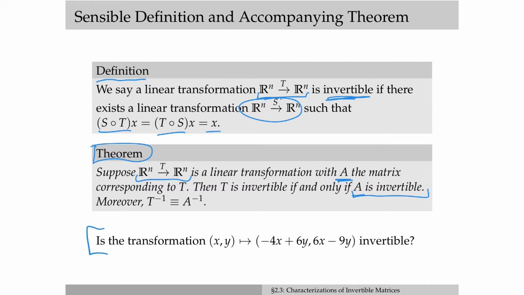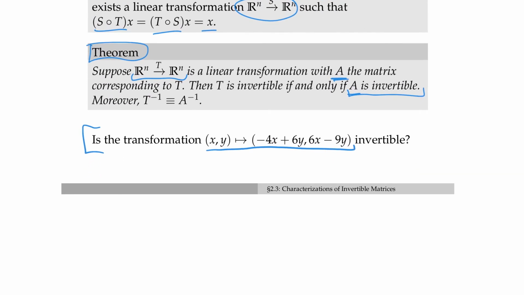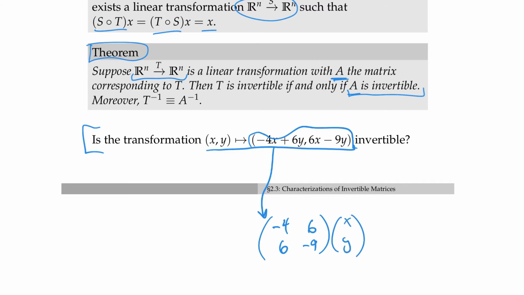Question. Is this linear transformation invertible? Well, that's actually a really straightforward question. Because if you look at this, oh my goodness, that's a horrible line, particular definition, how do I write this as a matrix? Well, that would be -4, 6, 6, -9, xy basically, wouldn't it be?